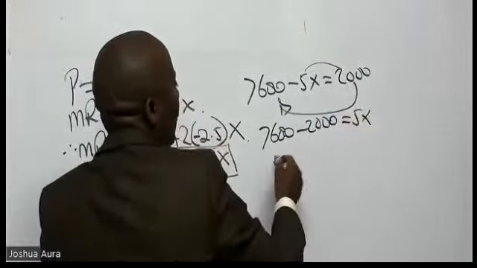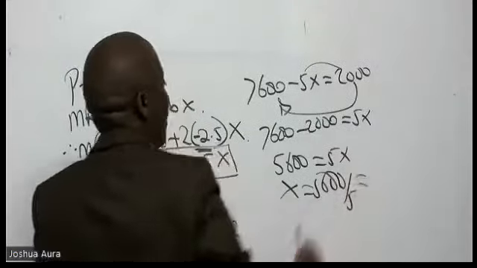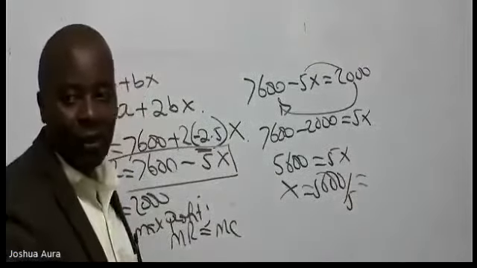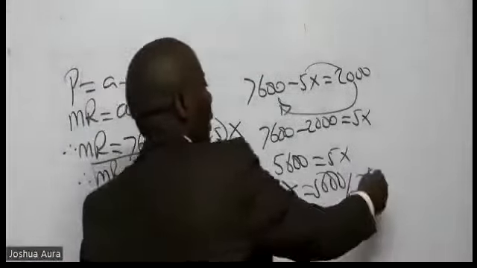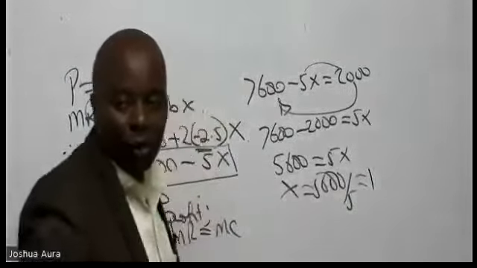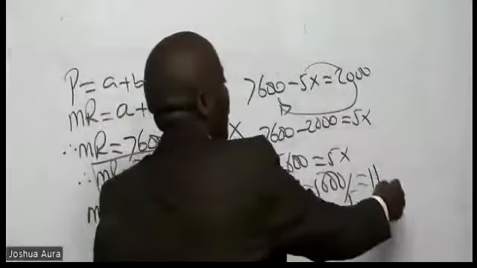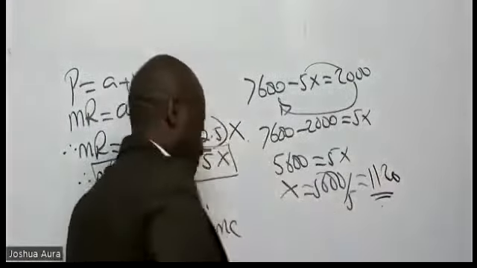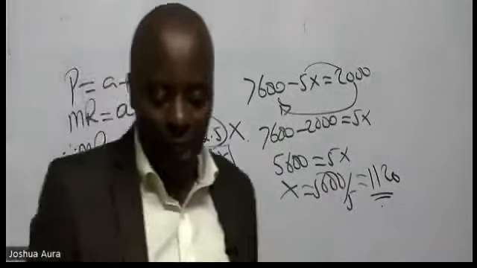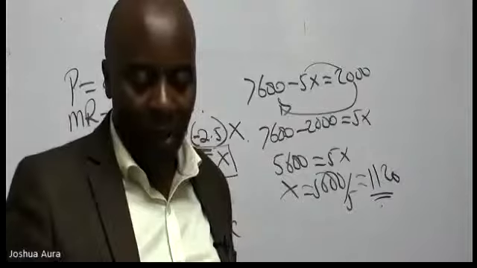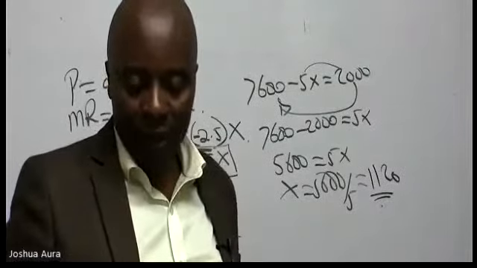X will be 5,600 over 5, which will end up giving us what figure, somebody here? X is 1,120. Thank you so much. So having gotten that as our X figure, please read again. They want the fees. Fees is the same as what here?